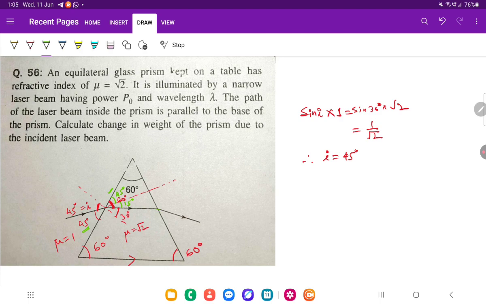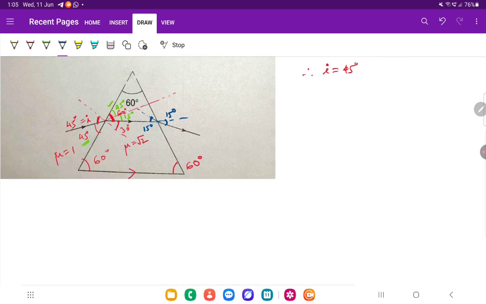And similarly, by symmetry we can say that if we backtrace the emergent ray, it will also make an angle of 15 degrees with the horizontal. Anyway, both the same. So this was the incident ray, having an angle of 15 degrees with the horizontal, and this is the emergent ray, right?